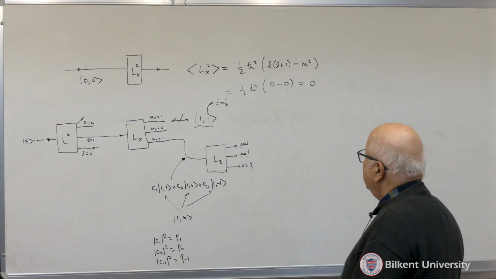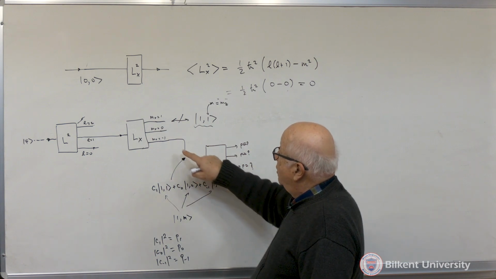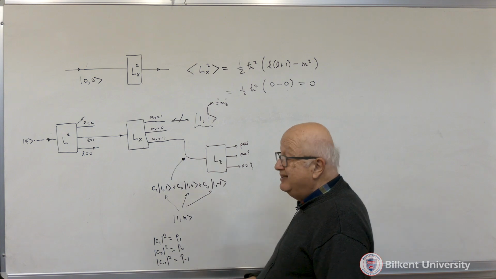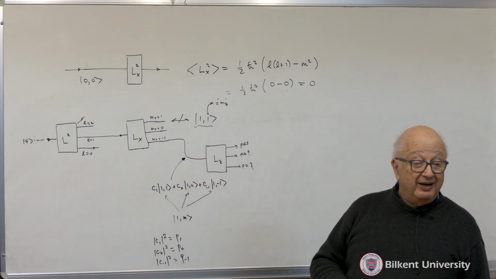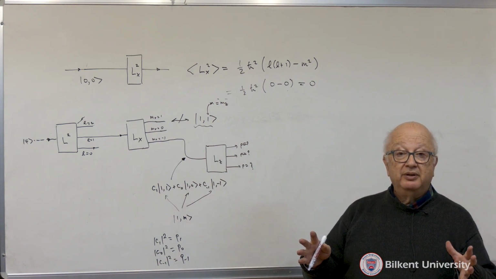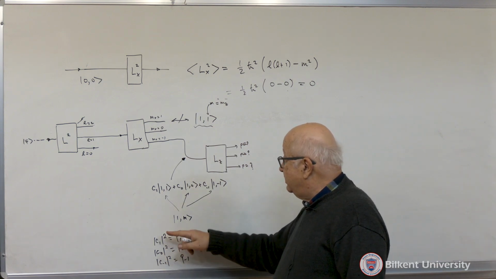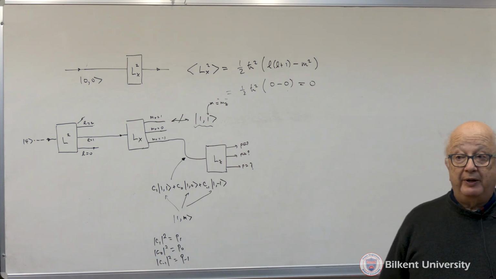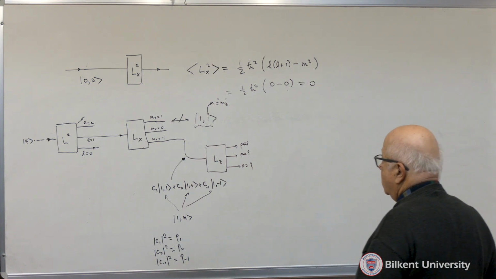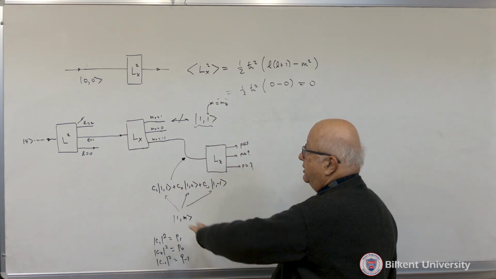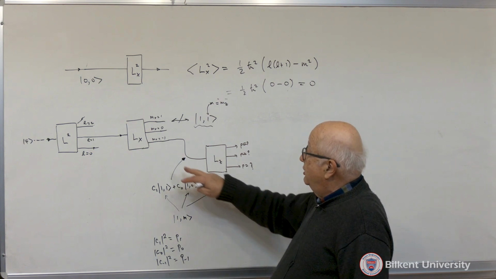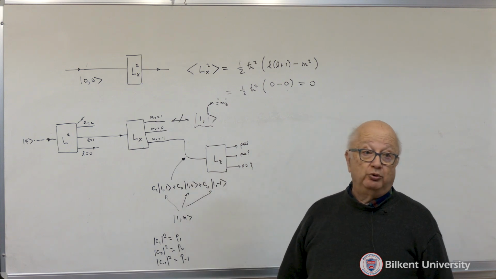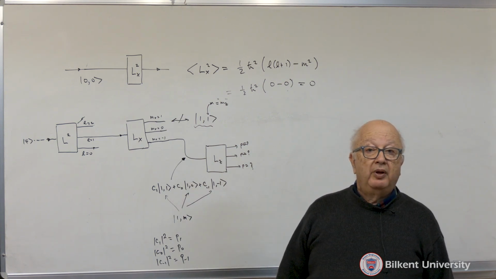We expand the state in terms of the eigenstates of L squared and Lz, and the expansion coefficients squared give me the various possibilities. Now, to do that, I have to find the eigenstates of Lx, which I don't know yet, right?